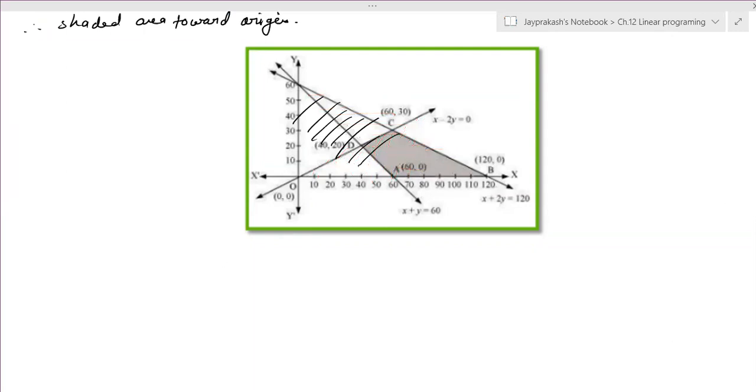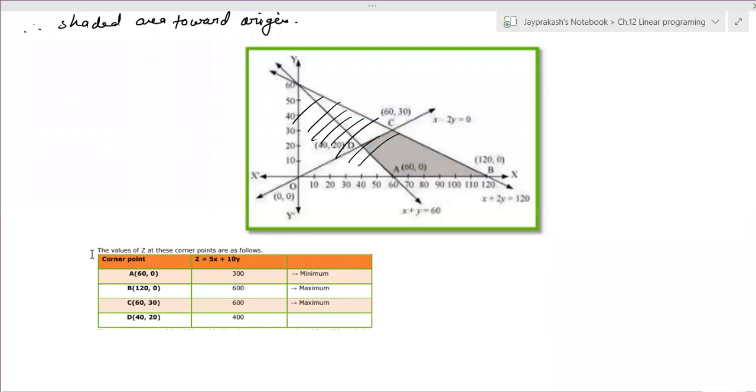So let's find the value of z at the corner points A, B, C, D. So when you write, the corner points are this one. Now we are getting the maximum value at two different points.